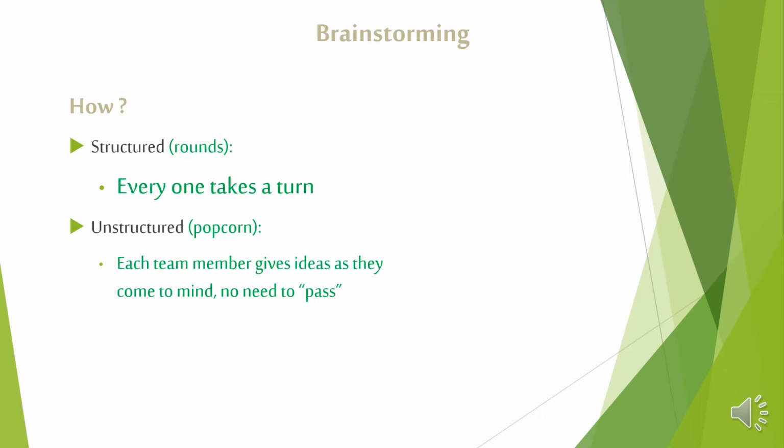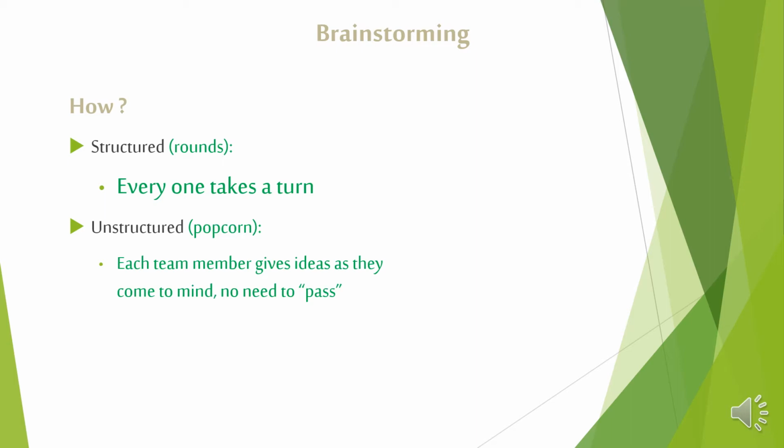The advantage here is that it's organized, it saves time, and it makes people build up on ideas. What about the unstructured? Unstructured means, again, people sit next to a facilitator, and anyone who has an idea come to mind just raises a hand and tells his idea. The problem here is it will take a lot of time, and there will be dominance.